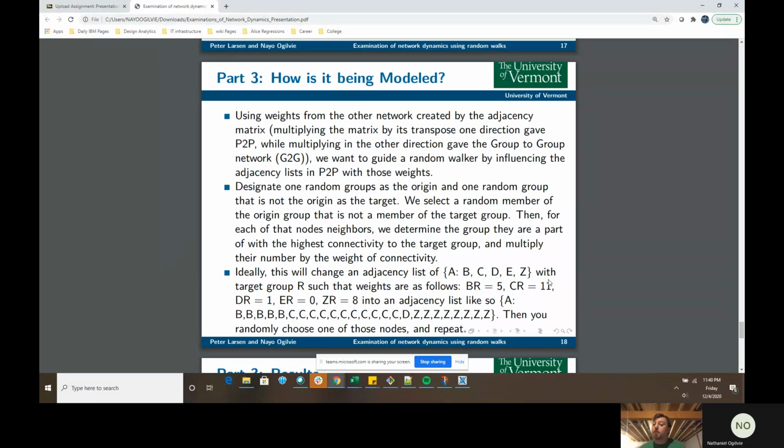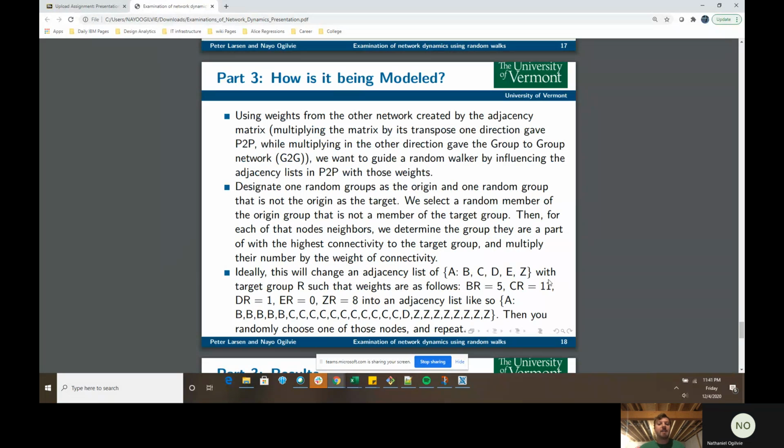The other gives group-to-group, or G2G, and it shows the number of people shared between various groups in the Marvel Universe. So the idea with part three is, can we use those weights in the G2G network to influence the adjacency lists of the nodes in the P2P network to try and go from an origin group to a target group?